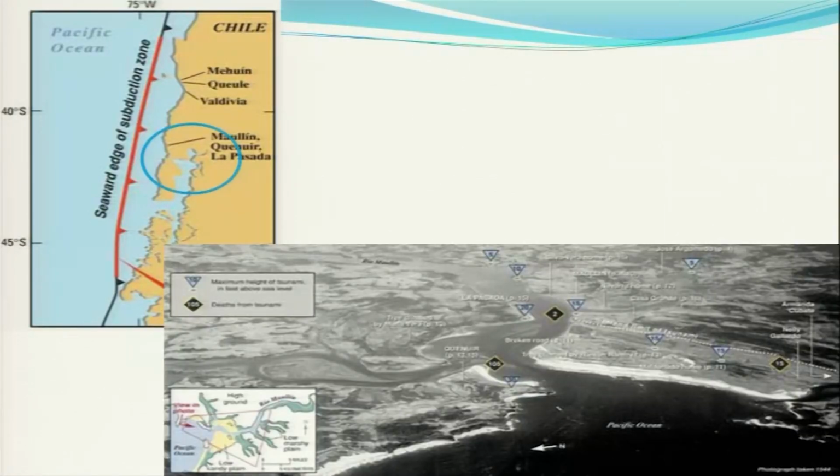So, these are a few signatures which we observed when we did a field survey in Maulin in Chile, which was in the epicentral area.